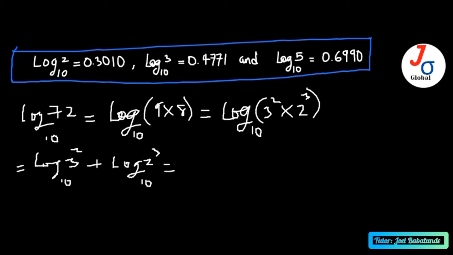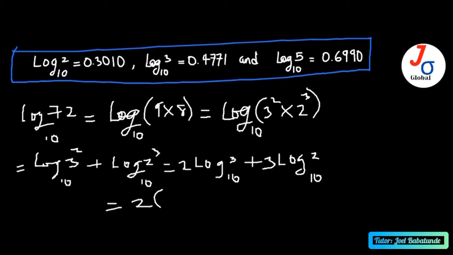Then that's going to be equal to, I'm going to bring this 2 to the front. That becomes 2 log 3 base 10, plus, bring this power 3 to the front, 3 log 2 base 10. So I think we've gotten things simplified.